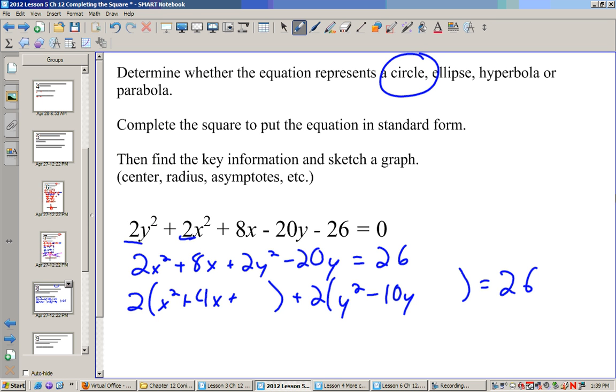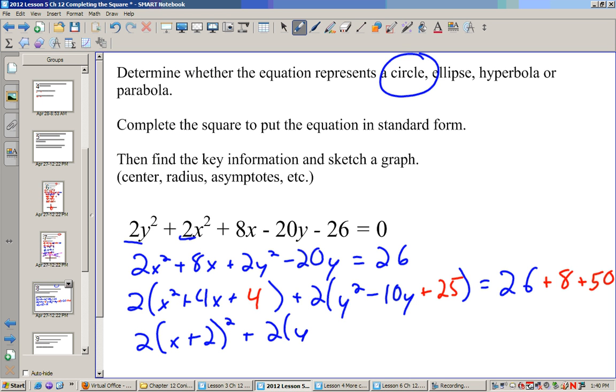Alright, so here, to make this a perfect square, we need to add a 4. Over here, to make this a perfect square, it has to be a 25. So really what I'm adding is 4 times 2, which is 8, and 25 times 2, which is 50. So this becomes 2 times x plus 2 squared plus 2 times y squared minus 10y plus 25.